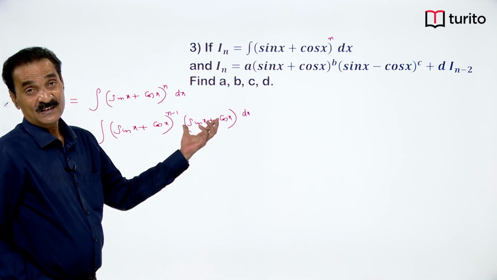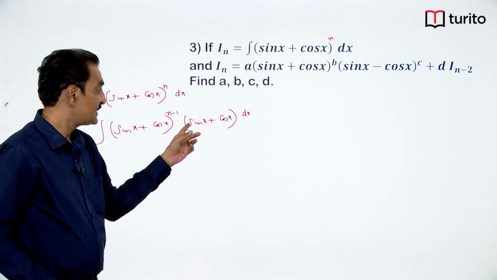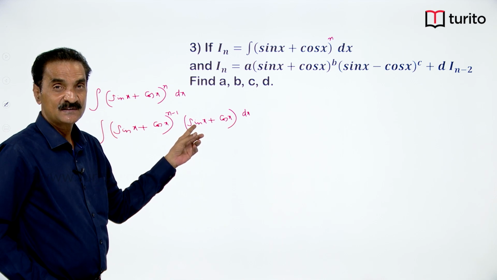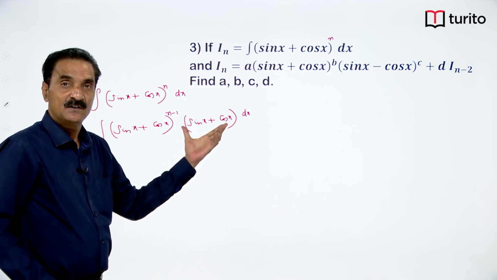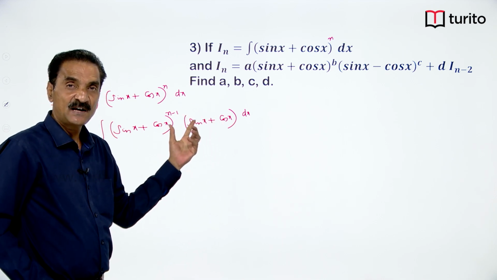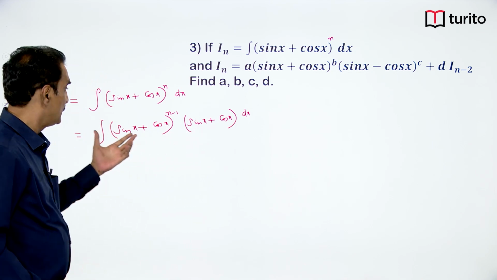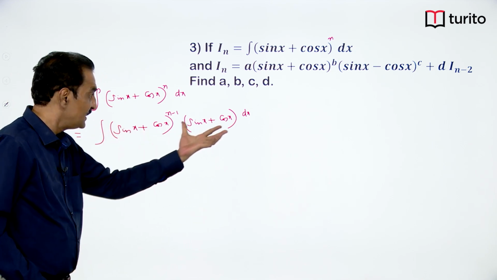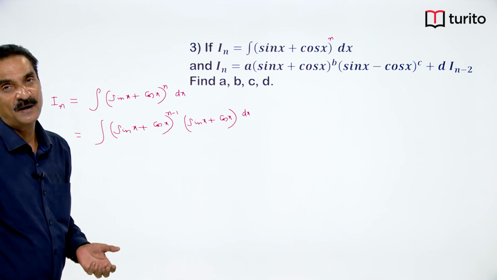We can integrate sin x plus cos x. What is the integral? Integral of sin x is minus cos x, integral of cos x is sin x. So, integral of this is sin x minus cos x. So, taking this as first function, this as second function, integrate by parts.